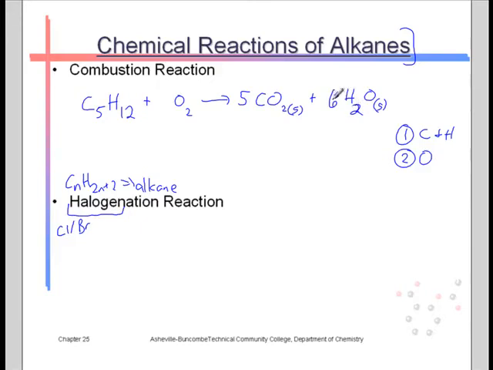So 6 times 2 gives me 12 hydrogens on both sides, and then 5 times 1 gives me 5 carbons on both sides. By saving the oxygen for last, typically you can put 1 coefficient in here, and you can balance out the oxygen without affecting the count for the carbons and hydrogens. This is a typical kind of balancing act.